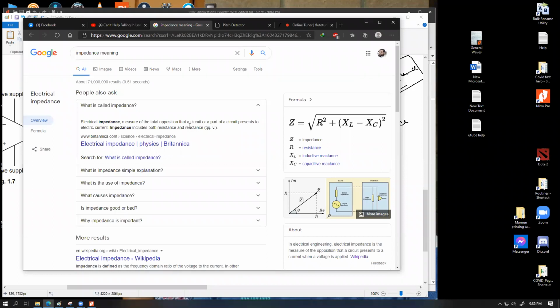Have a look. Electrical impedance: a measure of the total opposition that a circuit or a part of a circuit presents to electrical current. The total opposition. Impedance includes both resistance and reactance, which comes from here.